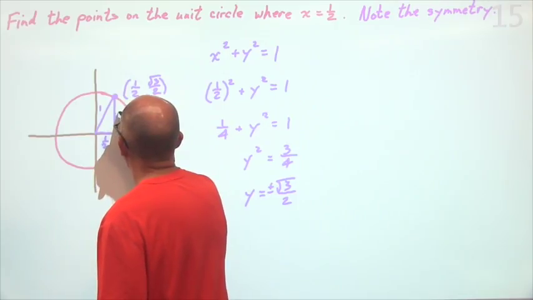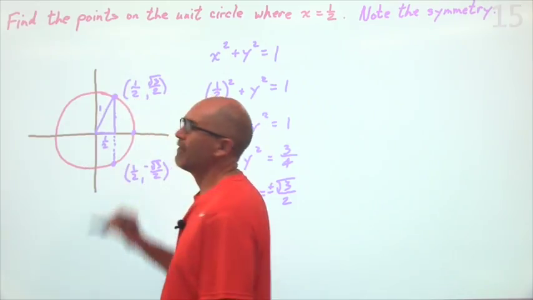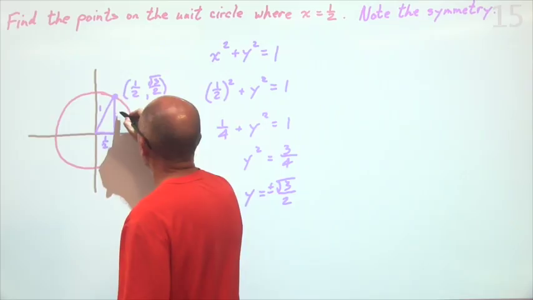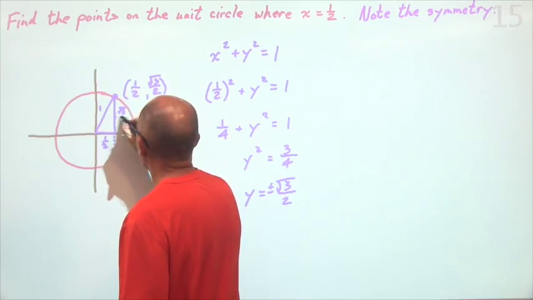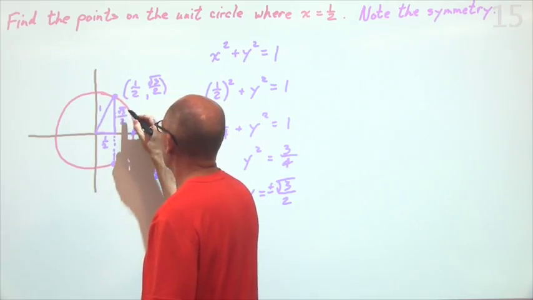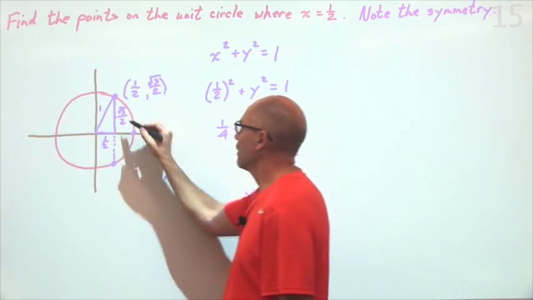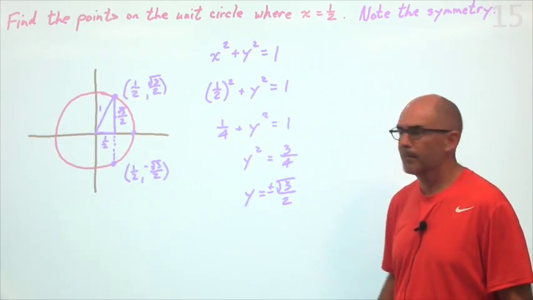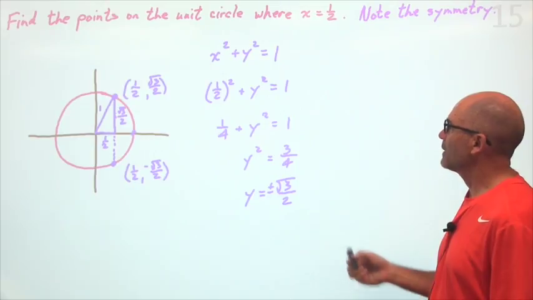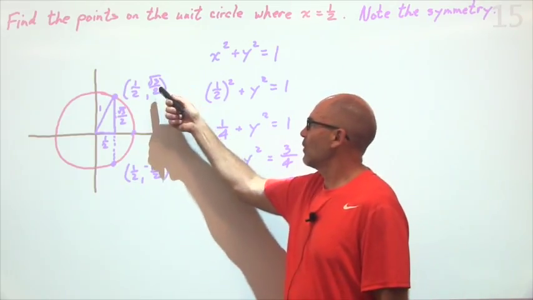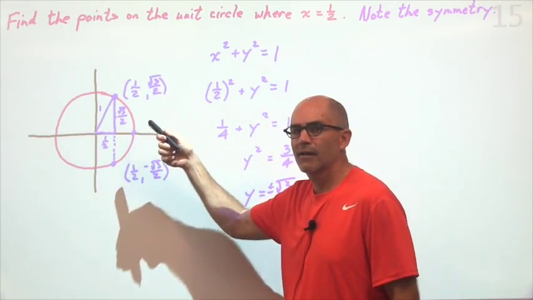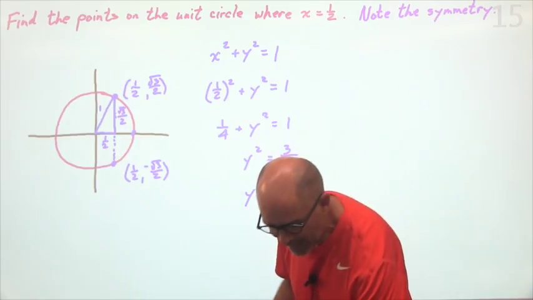And, I'm sorry, my short side is half of the hypotenuse. And the square root of 3 times the short side gives me the long leg. So that's how we know that the angle here is pi over 3.